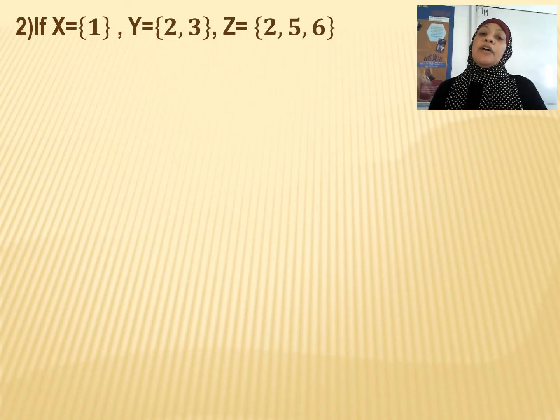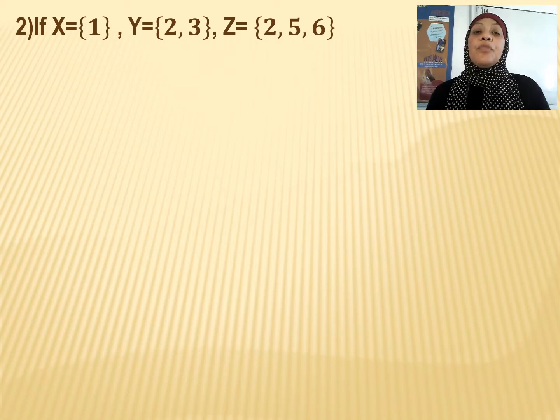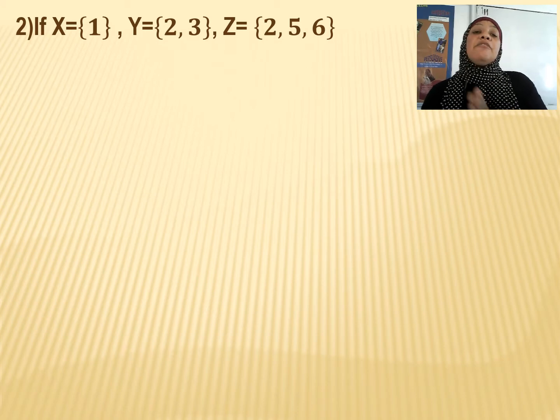Okay, if I ask you to get the intersection, it means the common elements only between the sets. But if I ask you to get the difference between 2 sets, it means I ask you to get what I can find in the first set and can't find in the second.